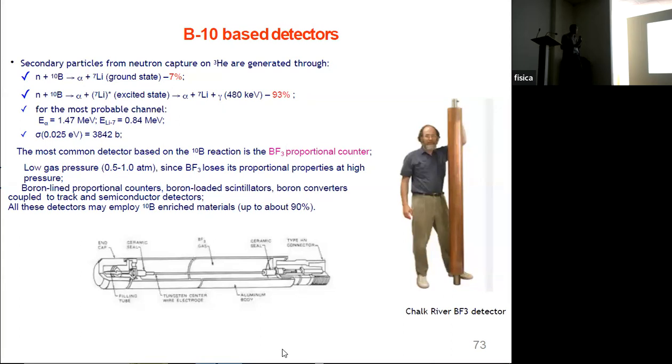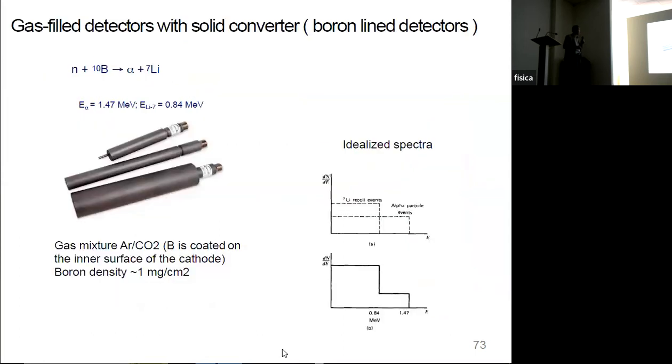There are different ways to utilize boron-10, and in many applications we employ boron-10 enriched up to 90, even 95%, in order to increase the efficiency of detecting neutrons with this type of detectors.